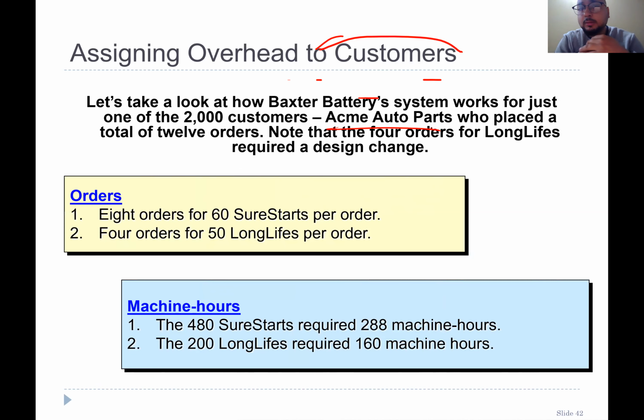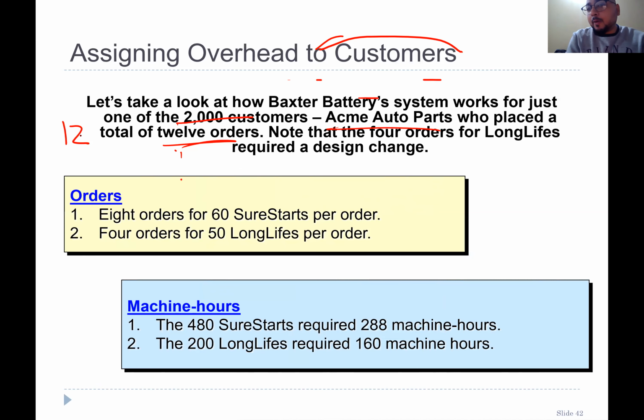The total number of customers the company has is 2,000, right? The question mentioned at the start of Baxter Battery Systems, they have 2,000 customers, and one of them is Acme Auto Parts, who placed a total of 12 orders.